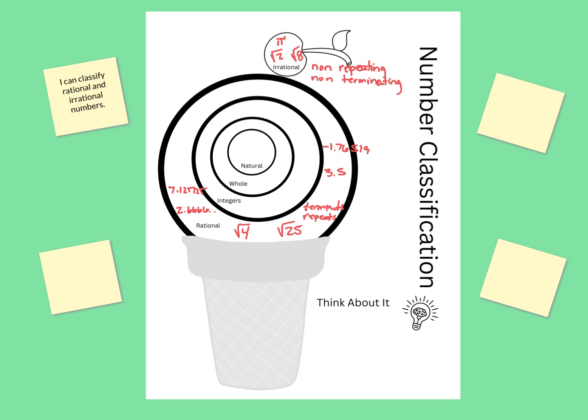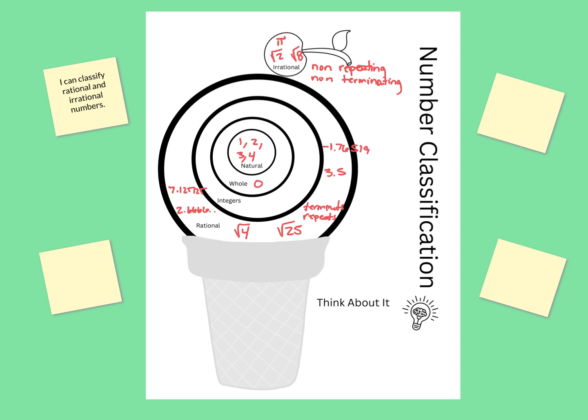That's the main difference. So let's start with natural next. Natural is when you were little and you first learned how to count. We started counting with 1, 2, 3, 4, and so on. As you got a little older, you learned that zero's in there, and then you started saying 0, 1, 2, and so on. So whole numbers are 0, but whole numbers are also all the natural numbers.